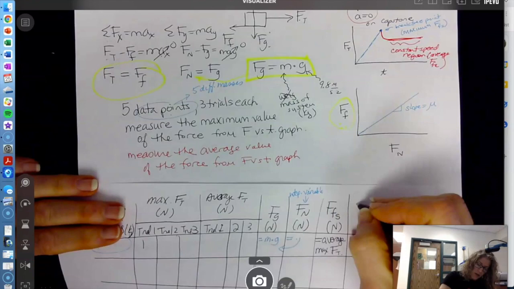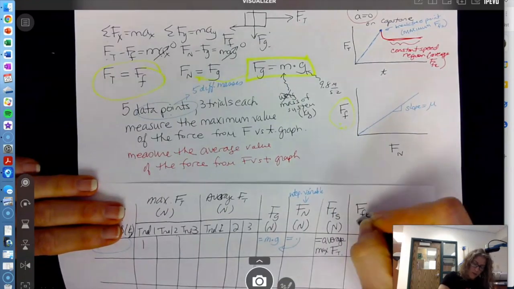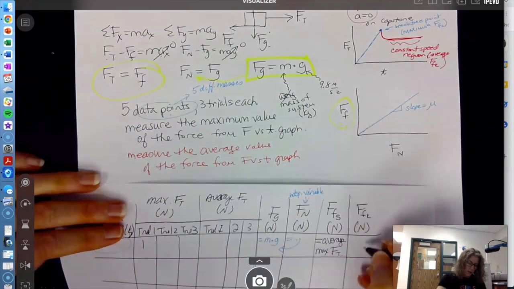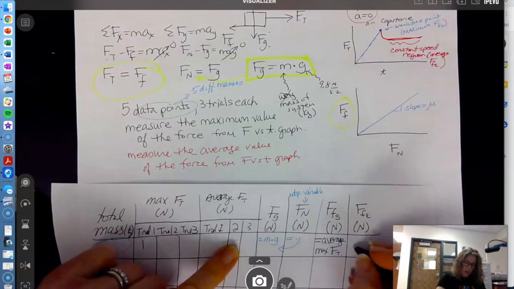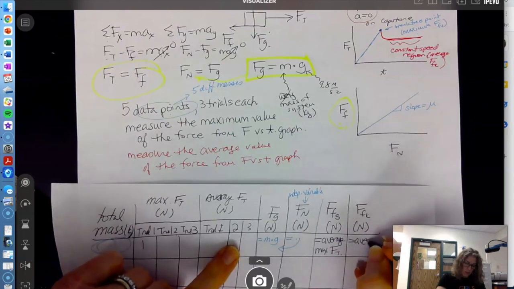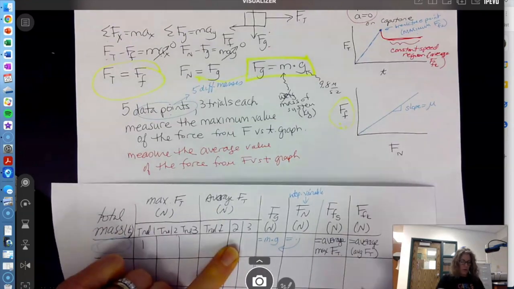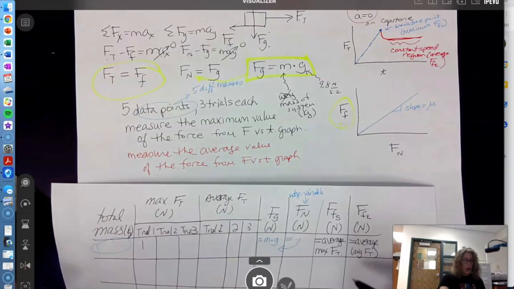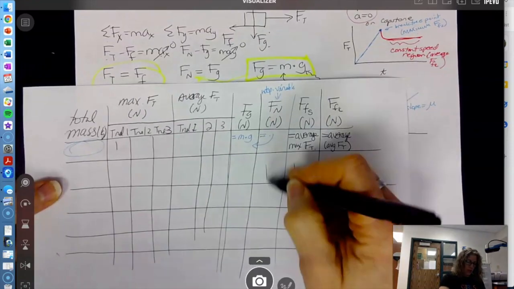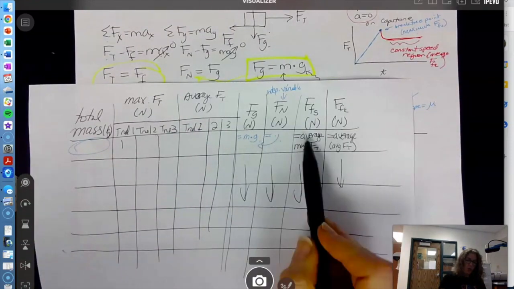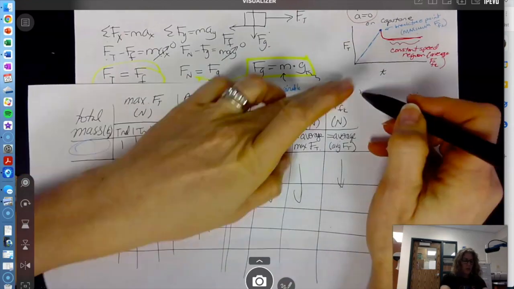Then we need our kinetic friction force. That's going to be the average of these trials. Average of your average tension force. So you're going to take the averages of those 3. Fill that down, right? So once you put in these formulas, then you'll be able to set up your graph.